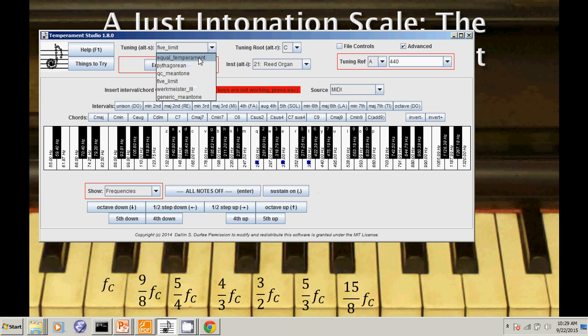Compare this to equal temperament. You hear all the beating? Pythagorean has a just fifth, but not a very good sounding third. Equal temperament's even worse, but Ptolemaic, very solid. But again, watch what happens as we go up in half steps.